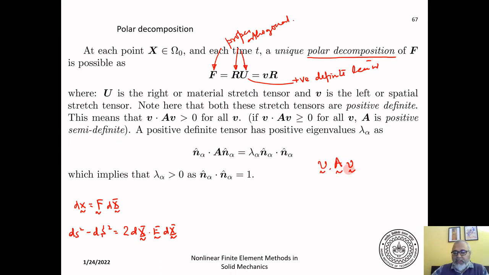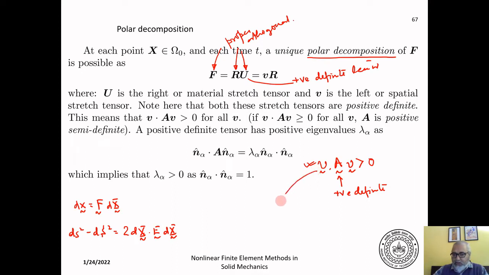So for all v, a positive definite tensor A will satisfy v dot Av is greater than 0. So this is what a positive definite tensor means. It also means that its eigenvalues are all positive.